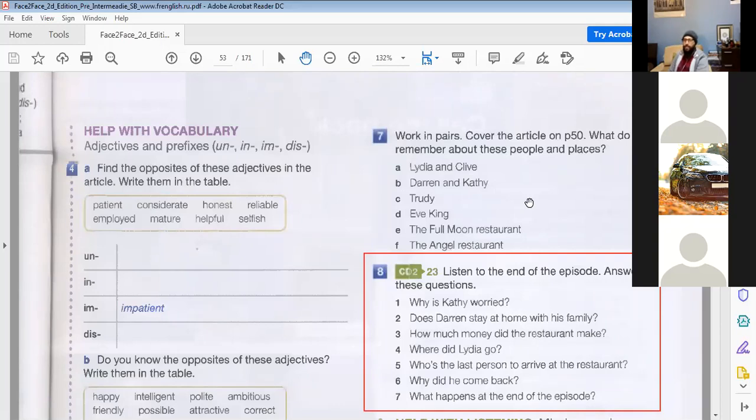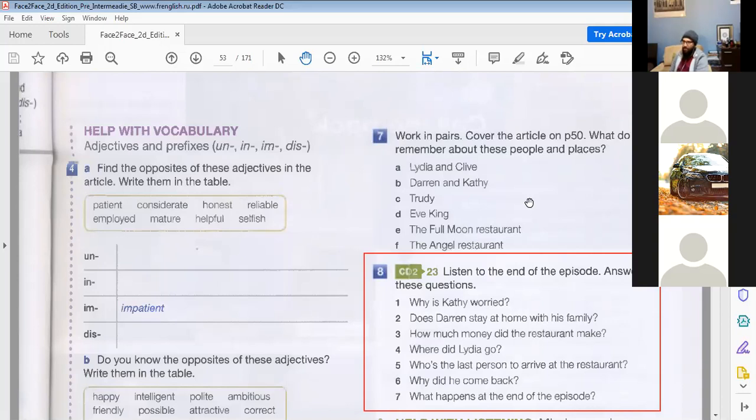Does Darren stay at home with his family, do you think? No. Why do you think he doesn't stay? If he stays home, Kathy maybe will not be worried. Good point. If he's at home, then maybe Kathy wouldn't be worried.